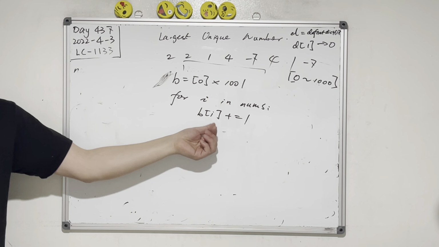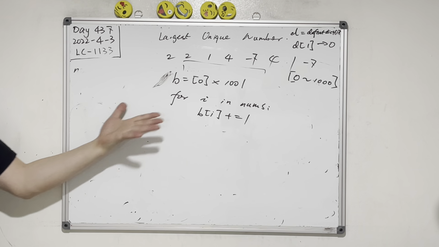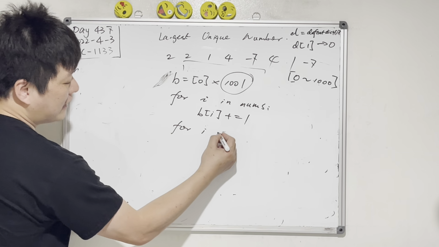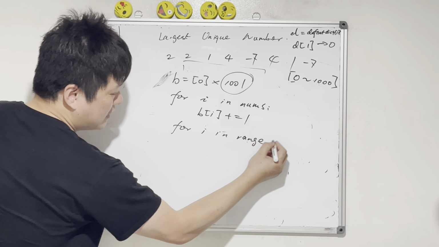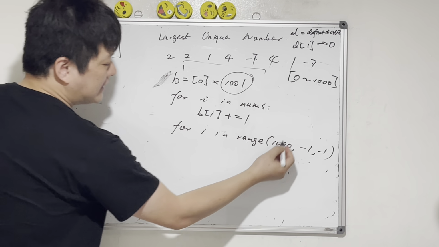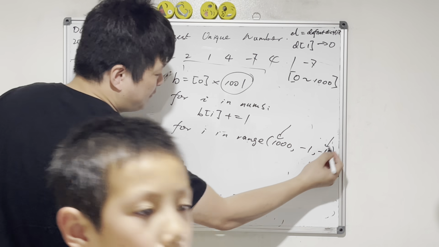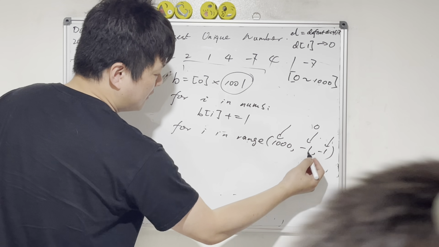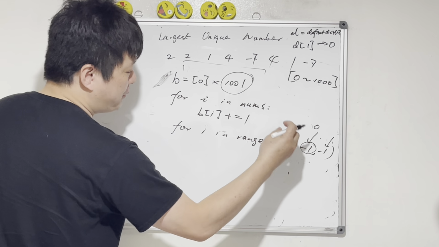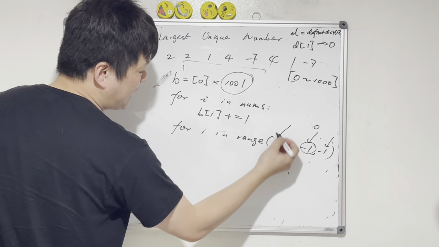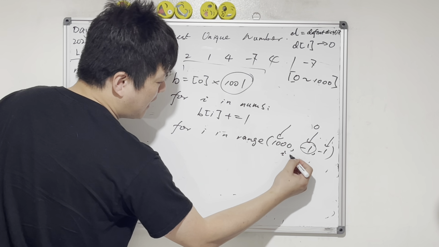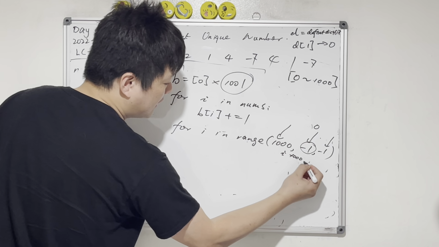Then because we only have 1,001 buckets, we go for i in range from 1,000 decrementing down to 0.